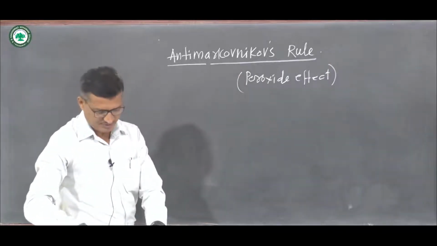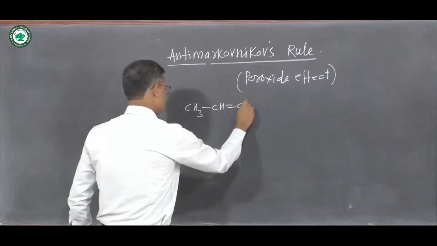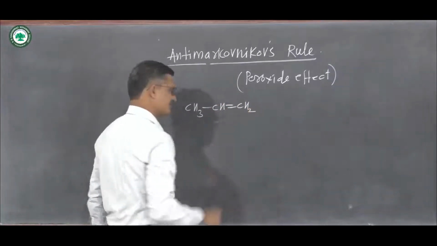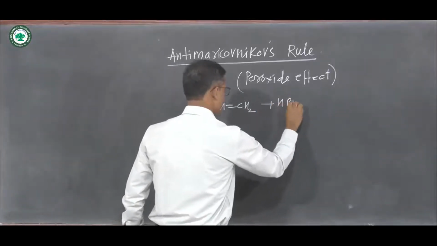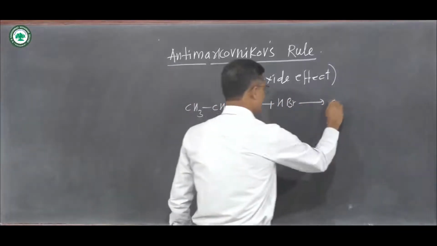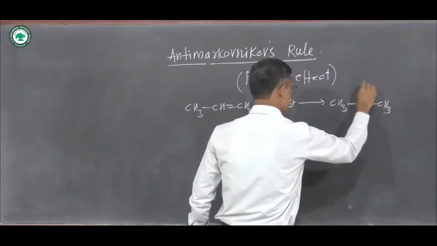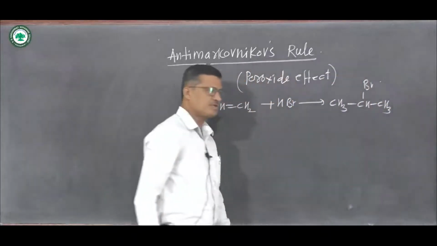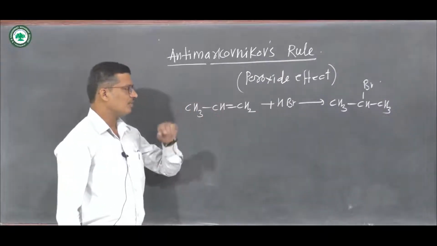We take one simple example. Suppose we take this starting compound, an alkene, that is treated with HBr, and then there is a formation of products. I write here the major product, and this is the major product. So this addition is according to the Markovnikov addition.